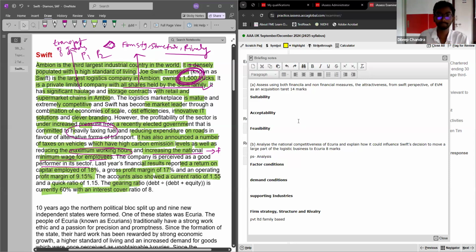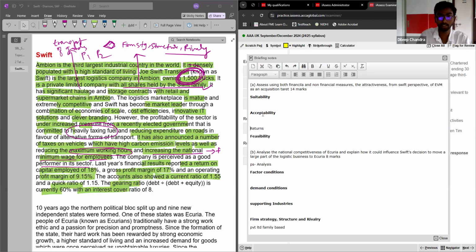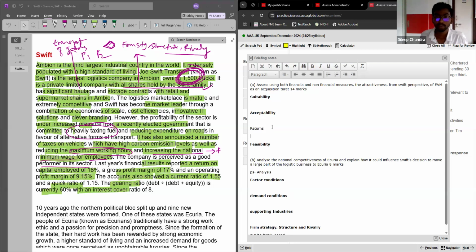Anybody? Financial analysis. Yeah, that financial analysis. Based on that financial analysis, shareholders will decide whether to accept this move or not. So this information I can use to develop my answer under the acceptability heading.